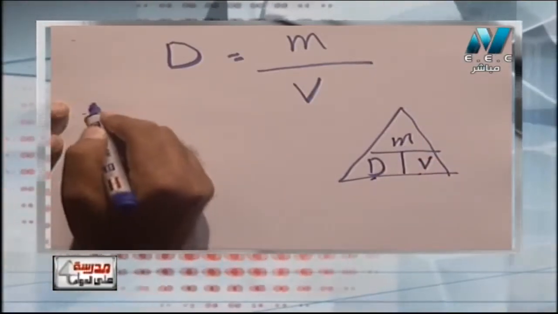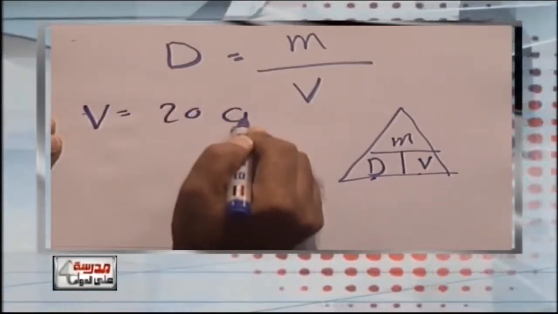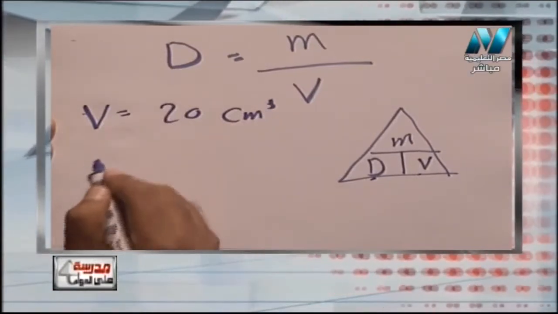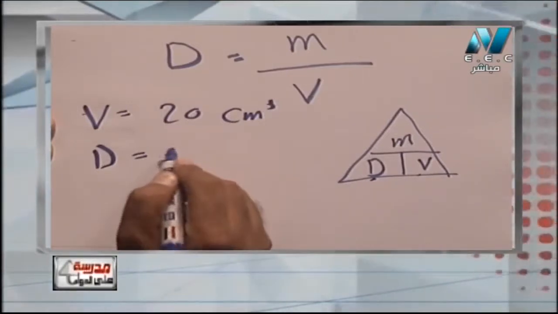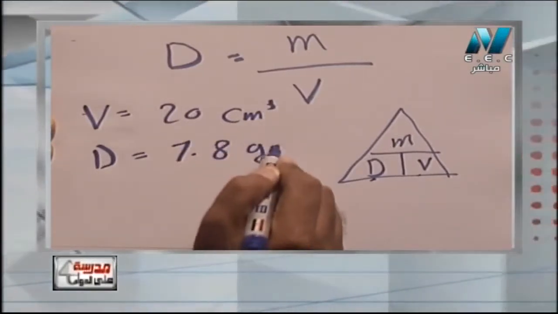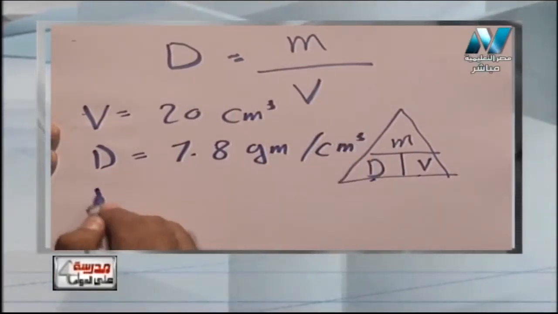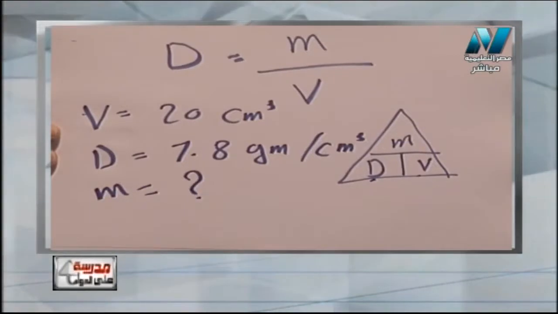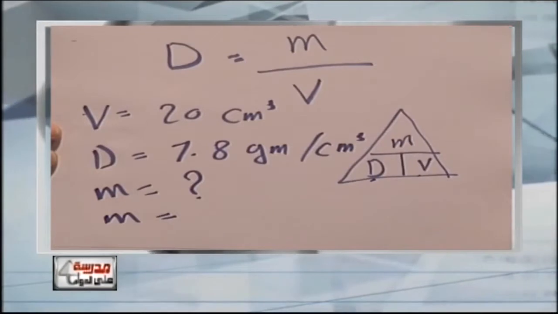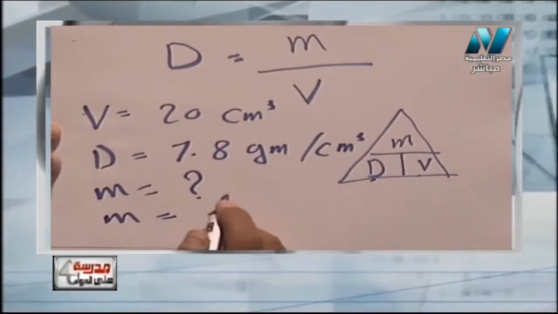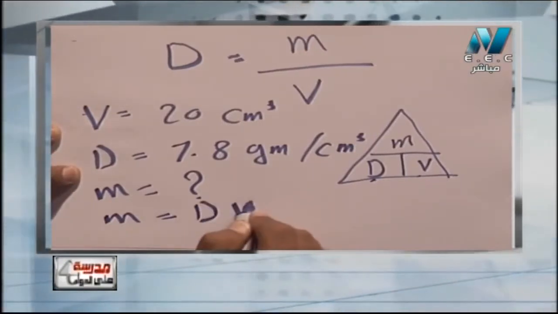Now, what are the givens? Volume equals 20 cubic centimeter. Number 2, density equals 7.8 gram per cubic centimeter. And he asks me about mass. Mass equals density times volume.